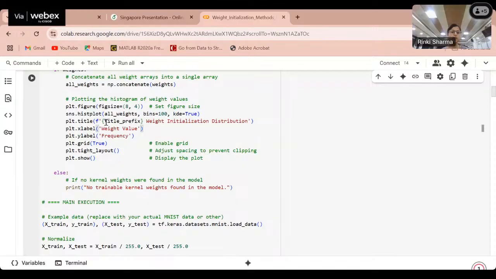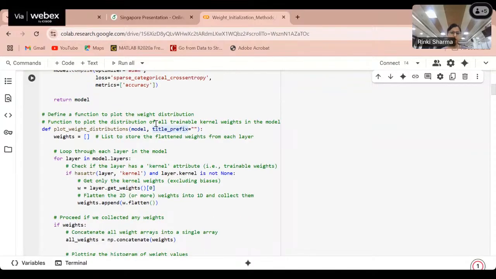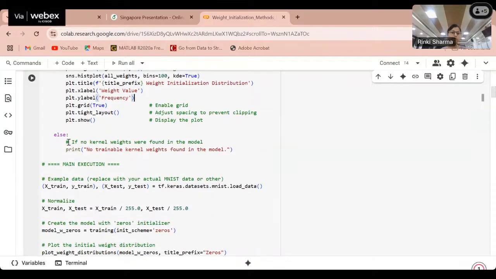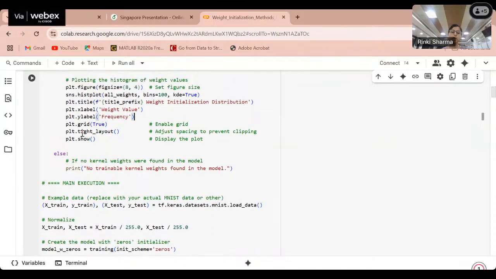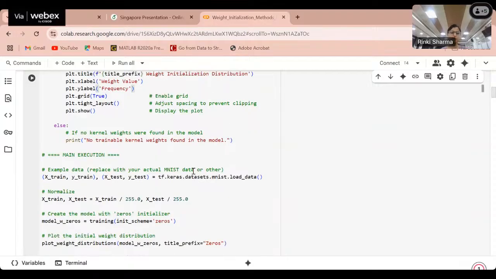And plt.title with the title prefix will be taken from the parameter we have provided in this function. So the title will be taken automatically. We don't have to provide it again, like zeros, ones, and weight initialization distribution, and again the x label and y label, the same things, and plt.show. Else, if there is no entry in weights, it will print that no trainable kernel weights were found in the model.